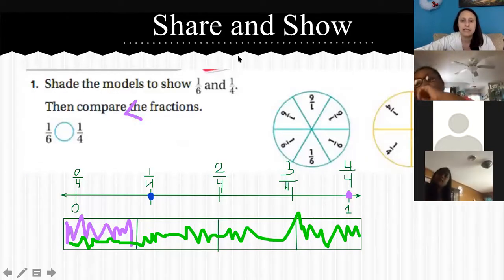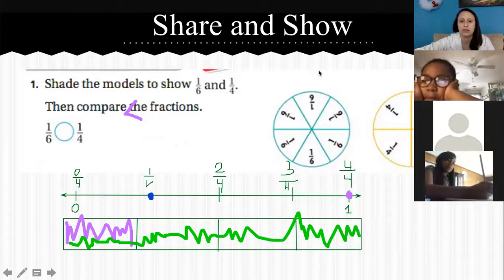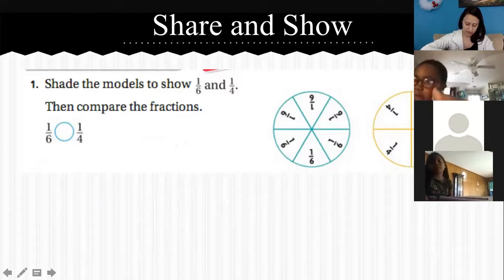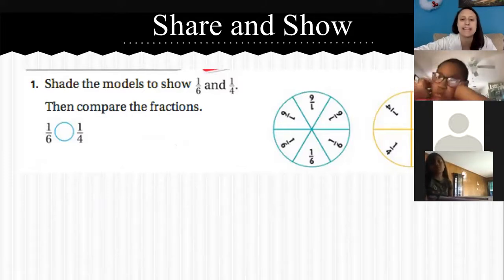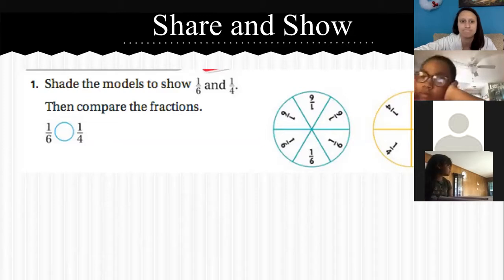Let me erase this stuff that I drew here. Let's just clear it. Now we're getting into, are our denominators the same in this? No, they are not the same.